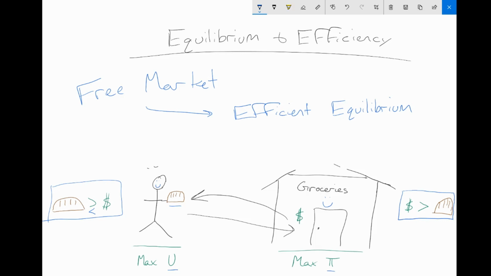It will be efficient because it will be Pareto optimal. It will be Pareto optimal because in a free market, people make free and voluntary exchanges, and rational agents do not make voluntary exchanges that would make them worse off.